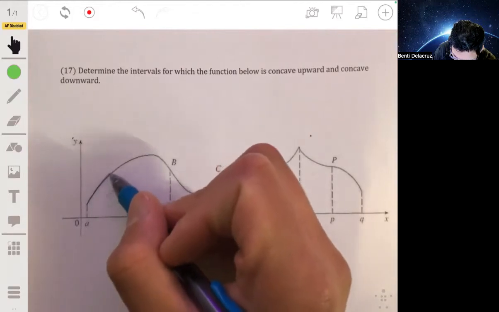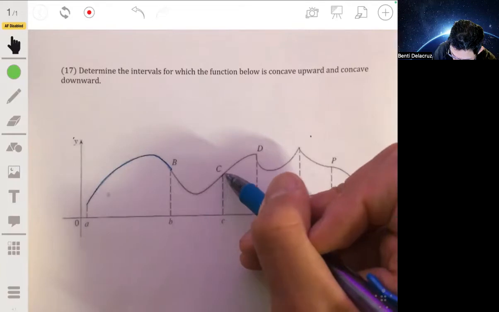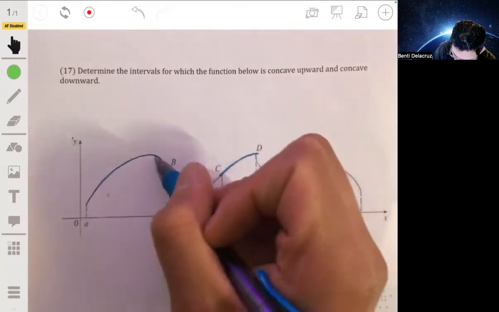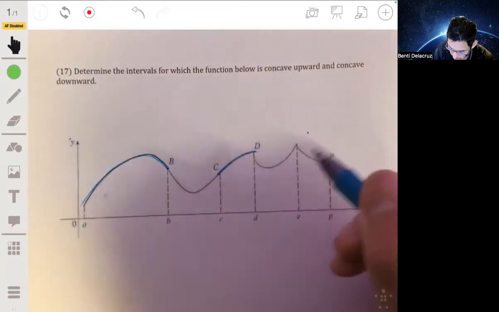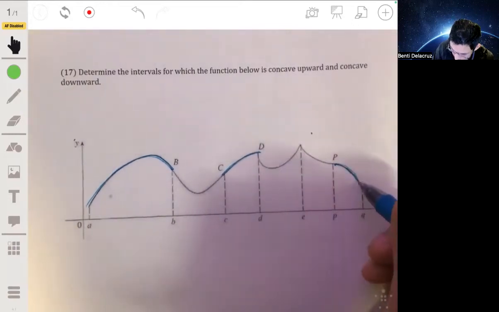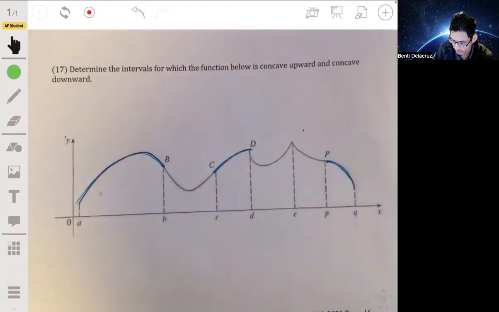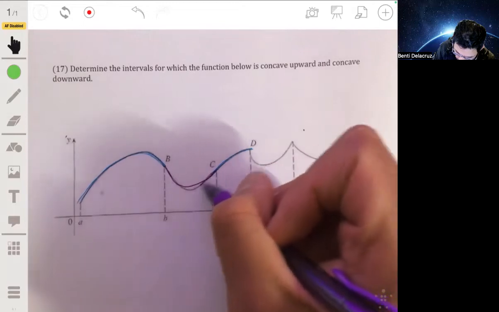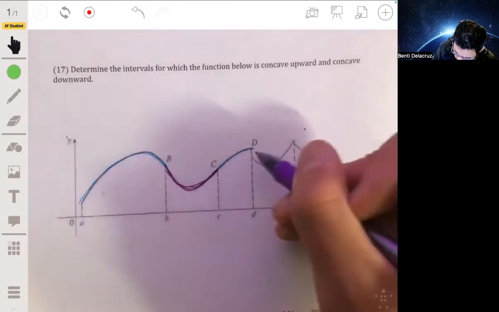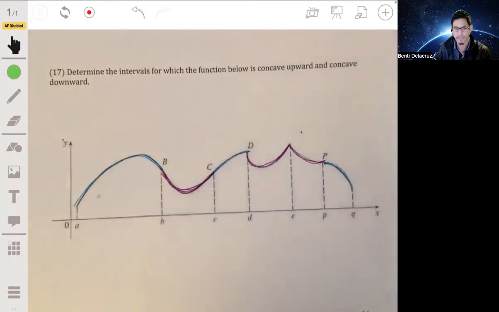It's going concave down here up to here, and then it's going concave down on this part, and it's also concave down here. All three parts I have in blue. Concave up, as you know, I have in purple: this part, this part, this part. The inflection points occur where the concavity changes from upward to downward or downward to upward.